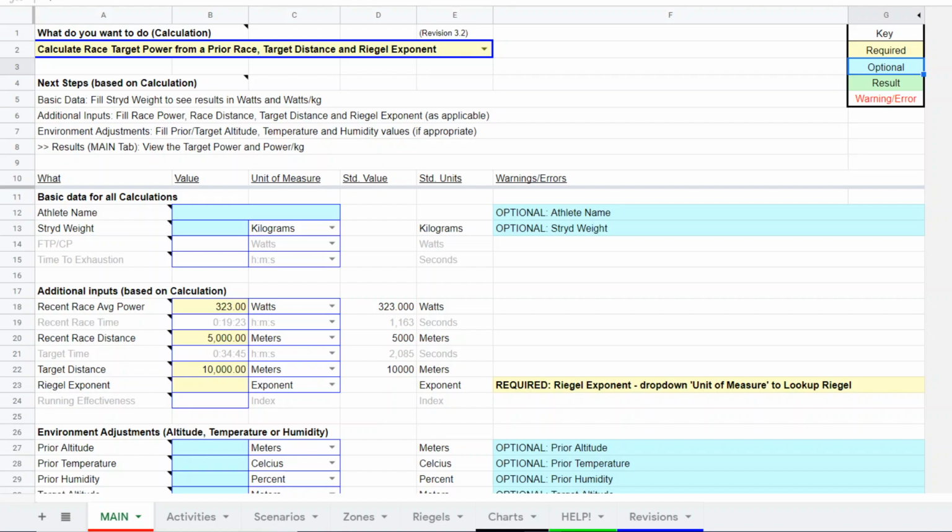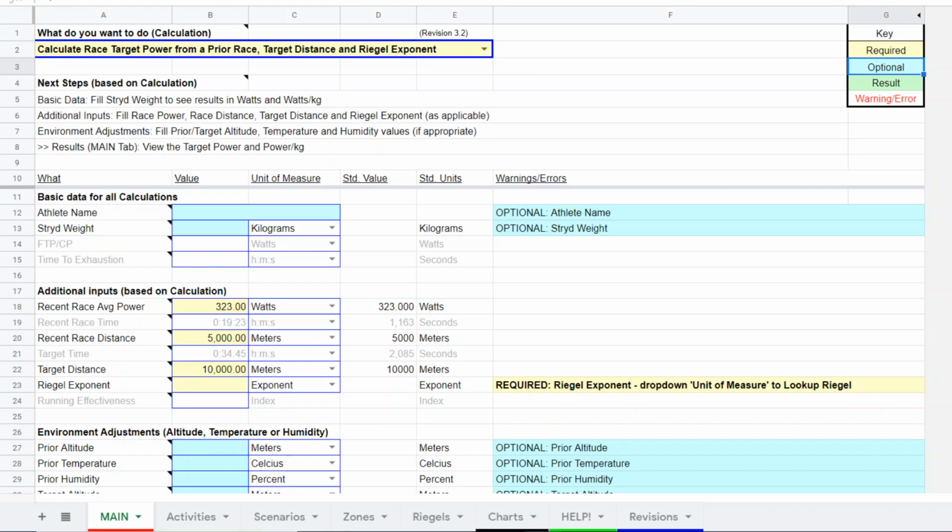That's always been sort of a bugaboo for many people. What is my Riegel exponent? Which one works best for me? So we put in some recommendations. We'll get to that later. But version 3 is the one that you want to be working with for the SuperPower Calculator.